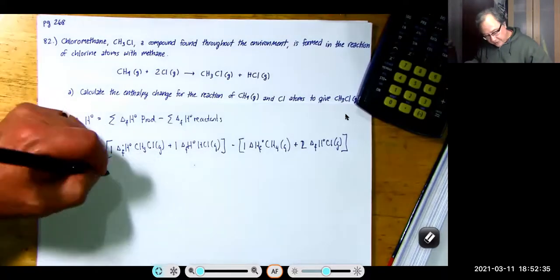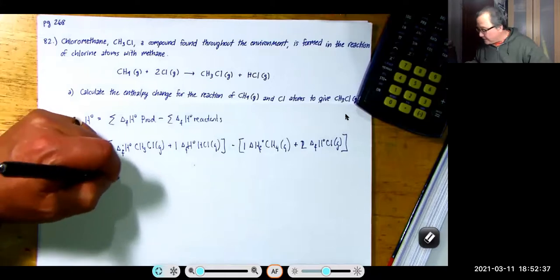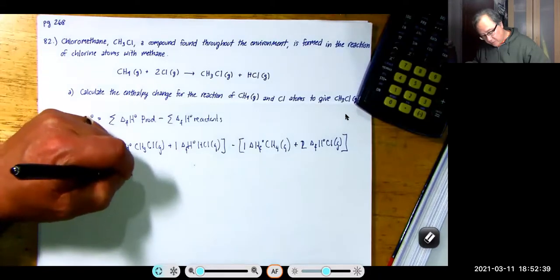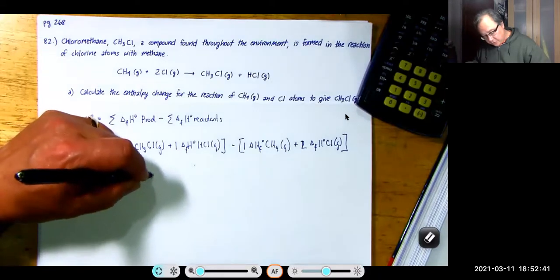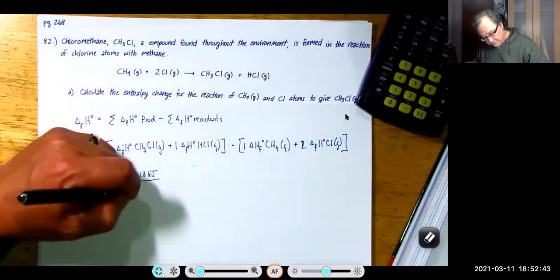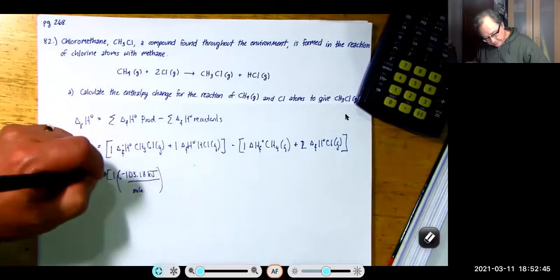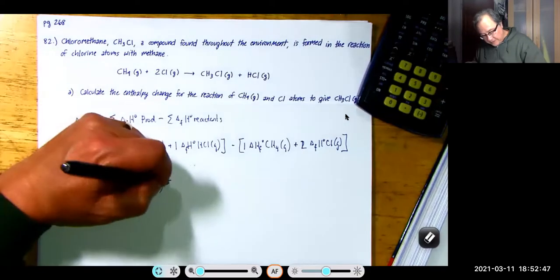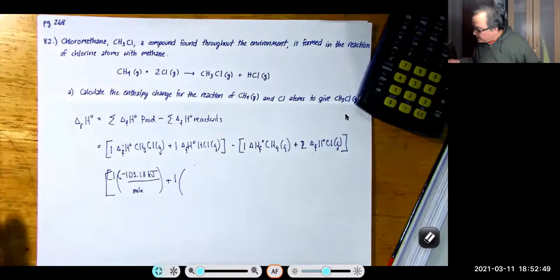So this is going to be 1 times negative 103.18 kilojoules per mole, plus 1 times, for HCl, where is HCl?